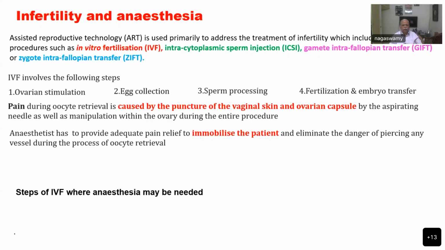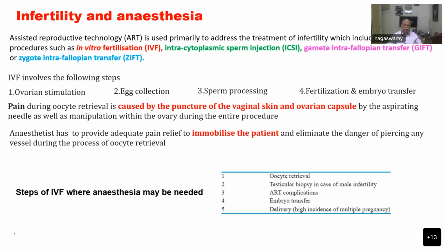So the steps again can be classified as oocyte retrieval. Testicular biopsy is one of the steps to find out the status of the male sperm, that is what is called sperm processing. You first check the male, find out the status of the sperm, and if there is any problem with that, attend to that. Then you fuse them, then transfer the embryo.